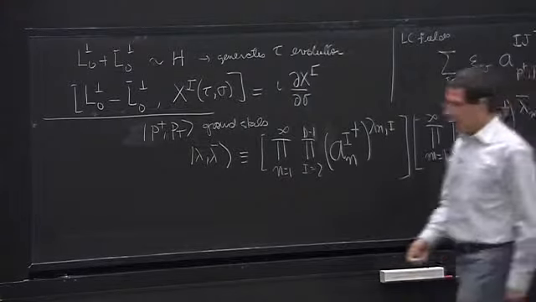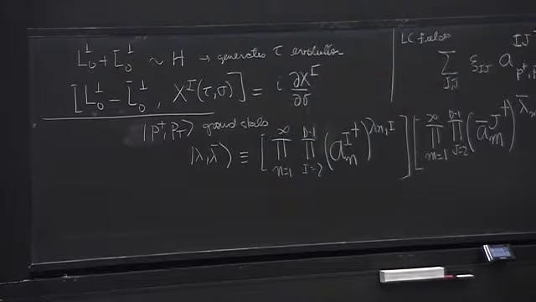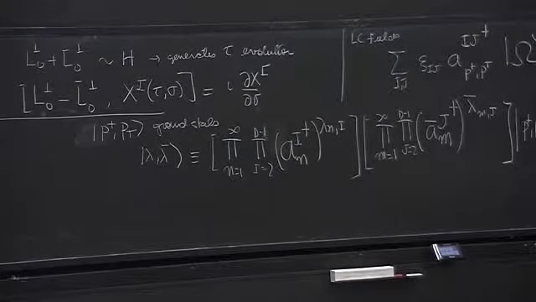So you need to put everything there. Every oscillator can appear and can appear a number of times. So if there was infinite for the open string, this is like infinite squared.